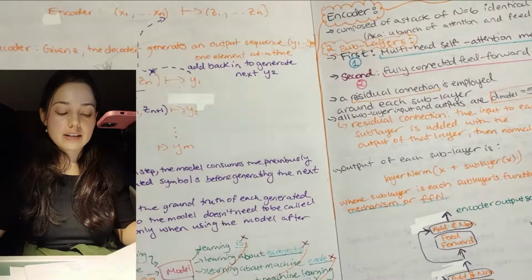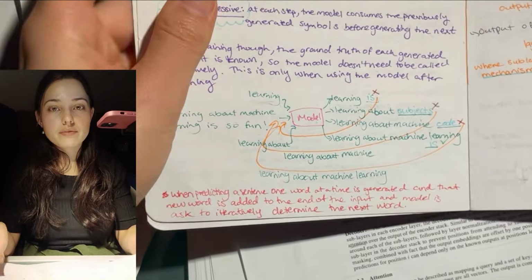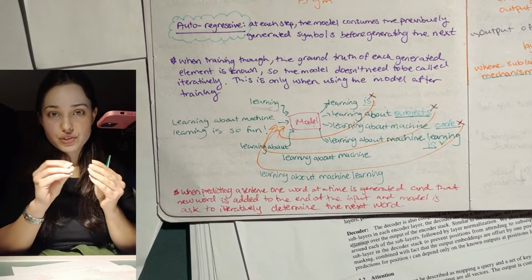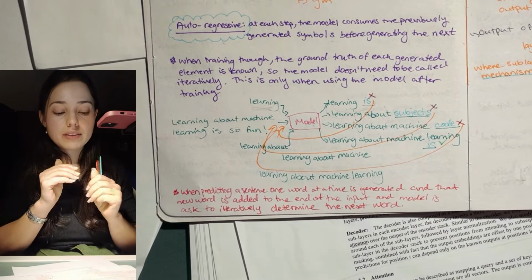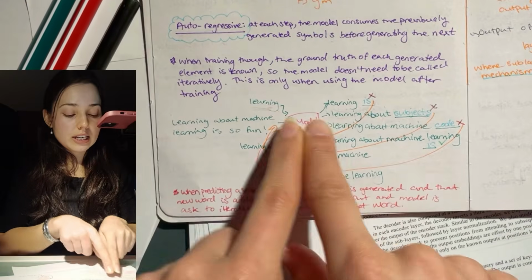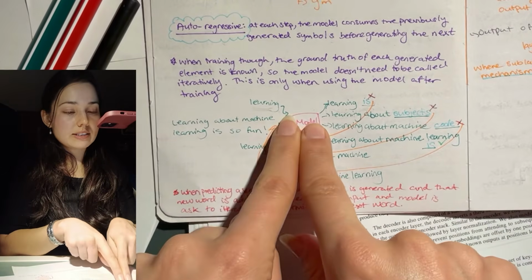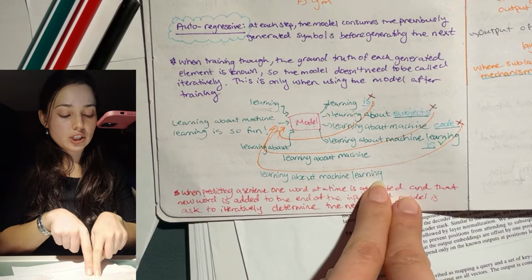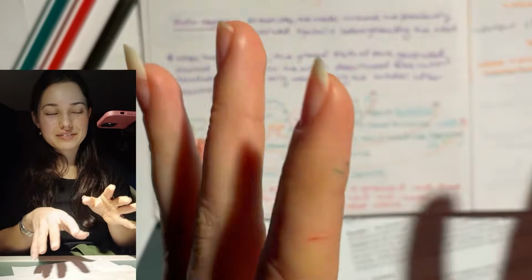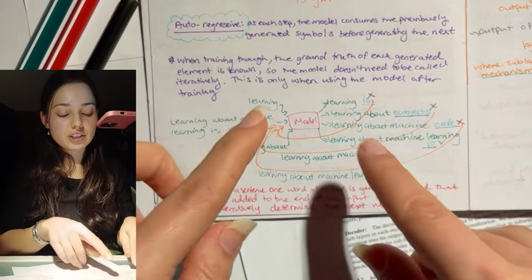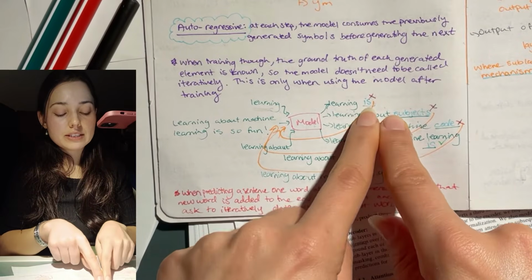In the case of kind of ChatGPT or regular large language models, we don't really have two things that we're looking to translate. In that case, we actually have some kind of text. So learning, and we know the next line. So it's actually learning about machine learning. I know it's kind of silly, but the input text is, let's say, learning about machine learning, and then it outputs.